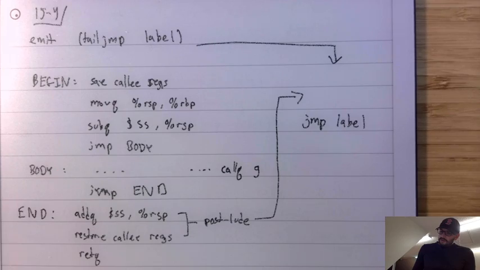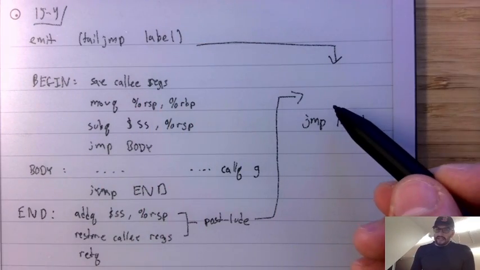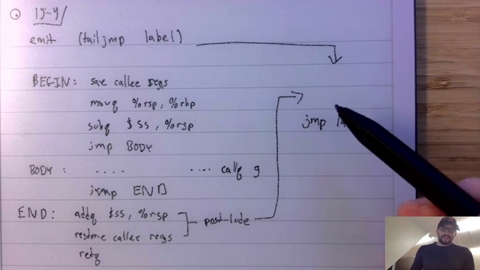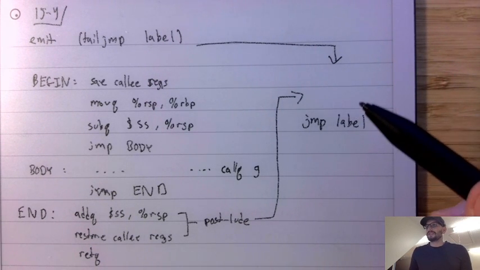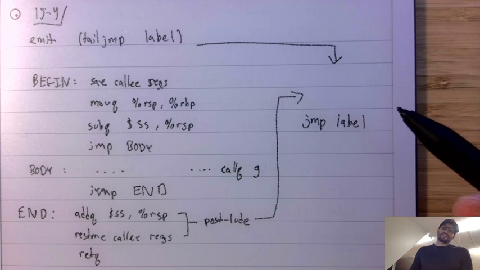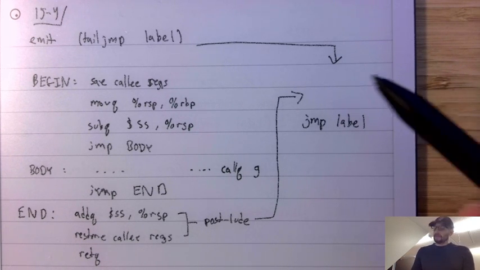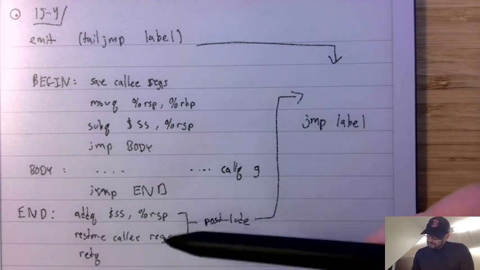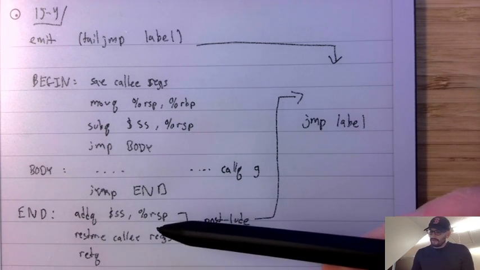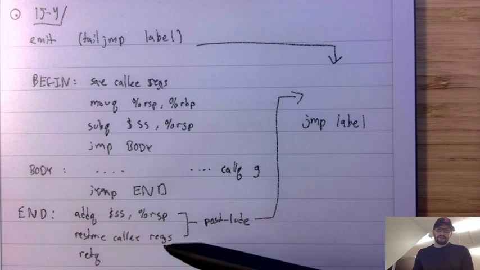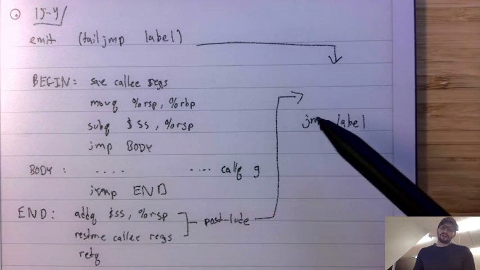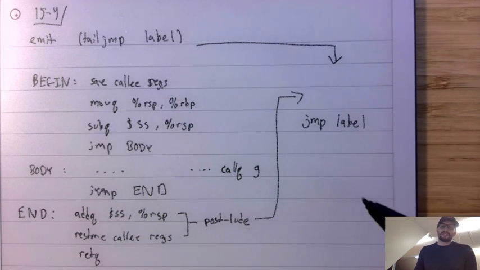Now, you might say, if we just stick this code right here, is that going to mess up any function calls that we make? It's not going to mess up any function calls that we make because these instructions only modify the callee saved registers, which means the arguments to this function can't possibly be stored inside those.